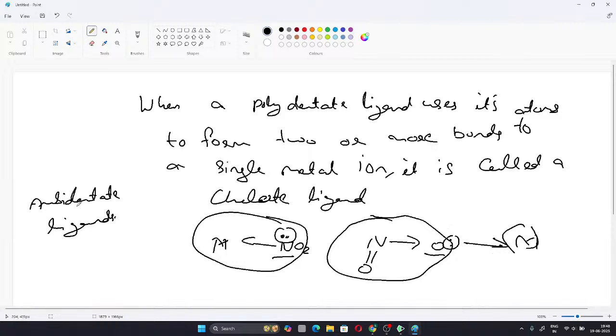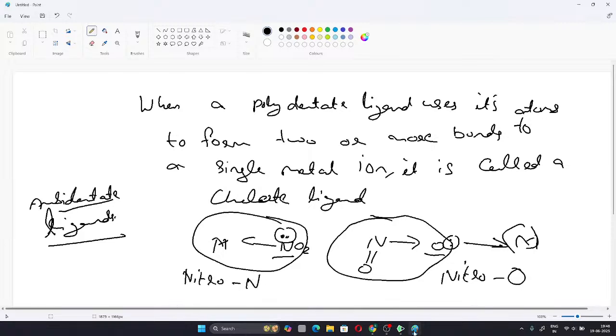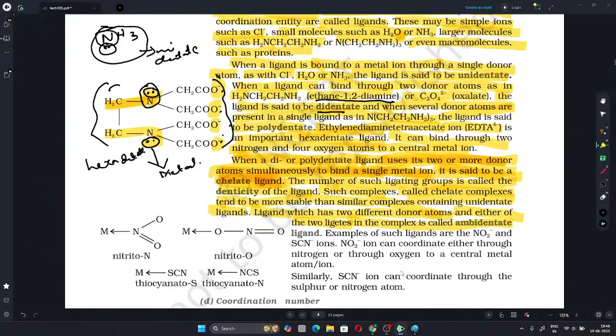This is called ambidentate ligands. Here we call it nitro O because oxygen is forming the bond. Here we call it nitro N. Ambidentate ligands like this, nitro O and nitro N.